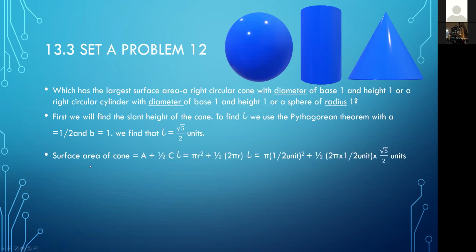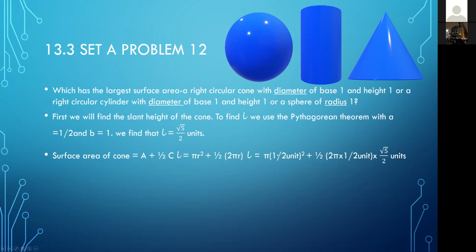So then when we find the surface area of the cone, it's A, that's the area of the circle, that's the bottom, plus 1/2 times C times L, so 1/2 times the circumference times the slant height. And we get pi r squared plus 1/2 times 2 pi r times that slant height.